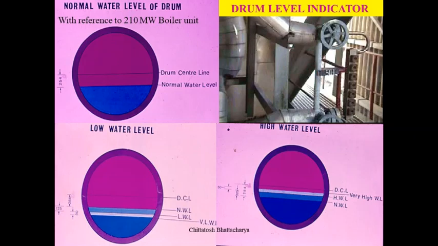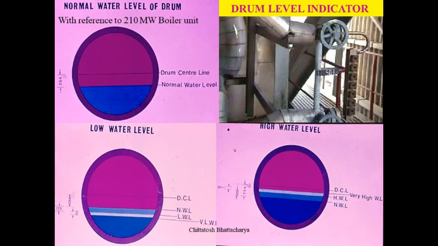And if steam flow is less and water flow is more, water level will continue to rise, and when the rise goes by 5 inches above the normal water level, it is termed as high water level, and when it goes beyond that by another 2 inches, it is very high water level. Just like low water level, at high water level we have alarms, and if it goes to very high water level, then there may be tripping.